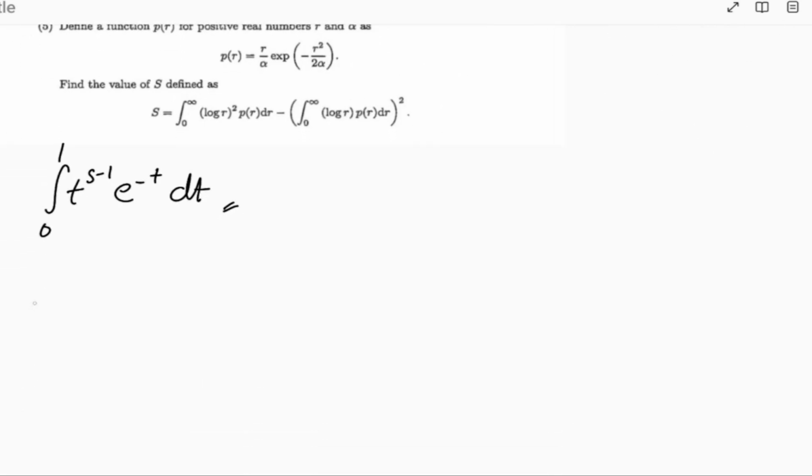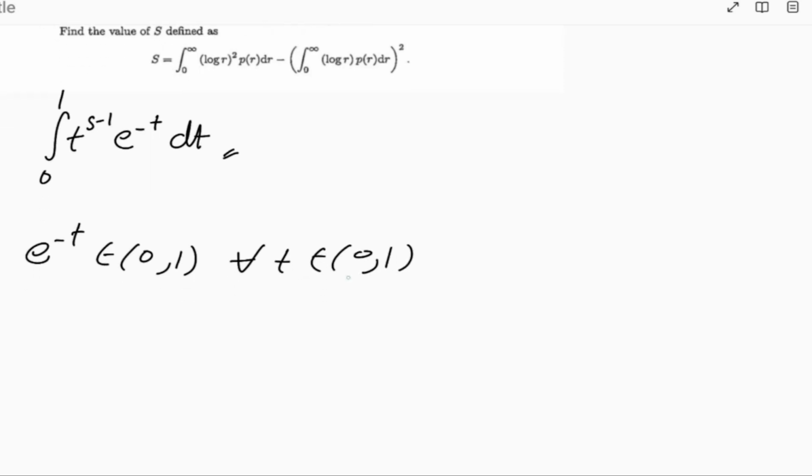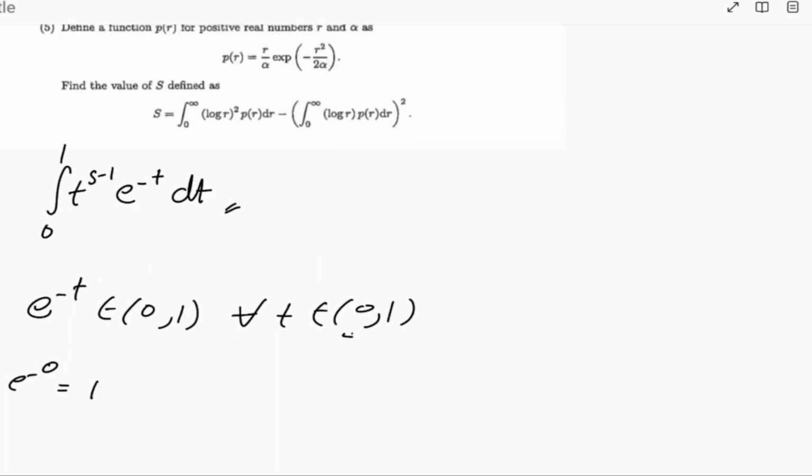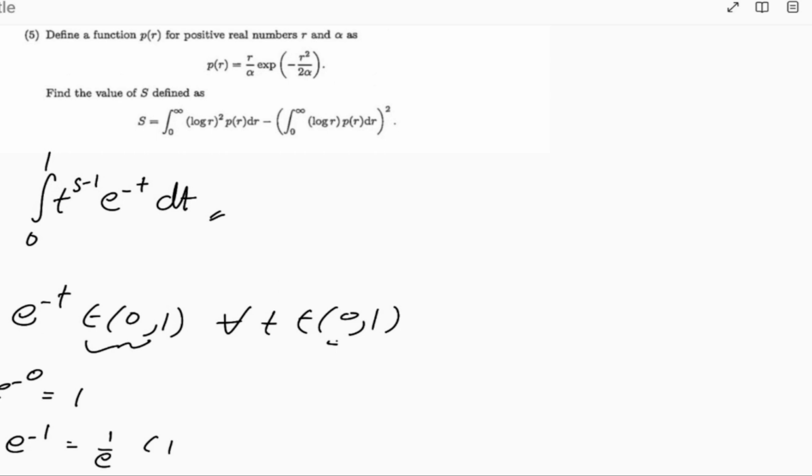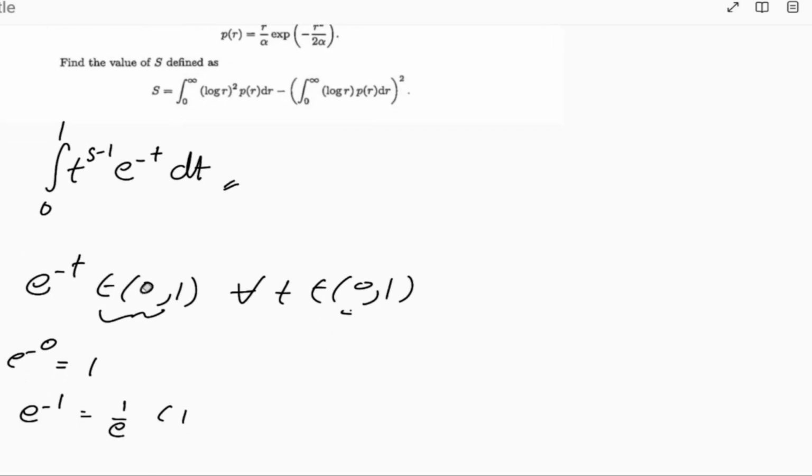Okay, so notice that e^(-t) will lie between 0 and 1 for all t in 0 to 1, because if t is 0, then this becomes e^(-0), which is 1, and when t is 1, this is e^(-1), which is 1 over e, so that's less than 1. More precisely, it's in between 1 over e and 1.